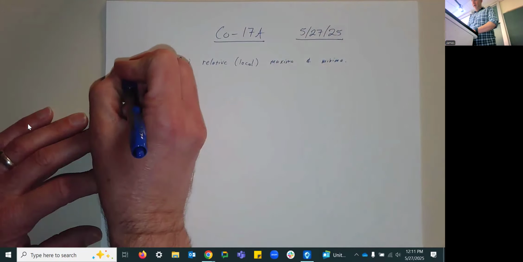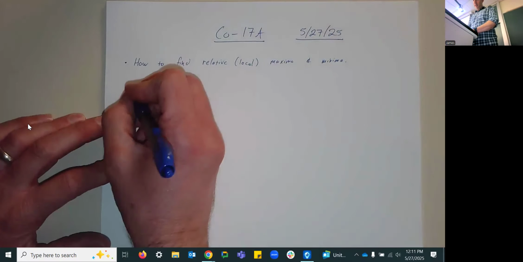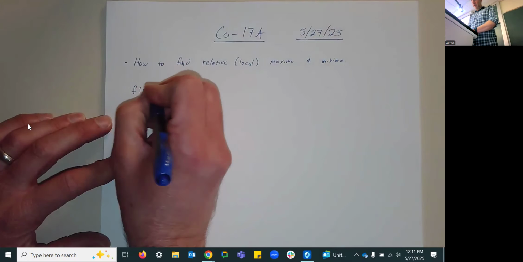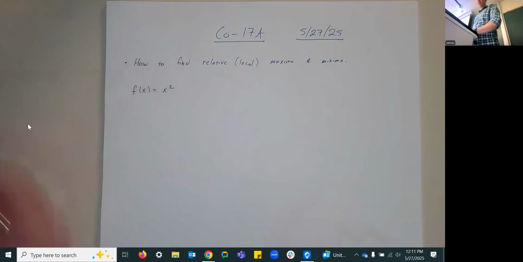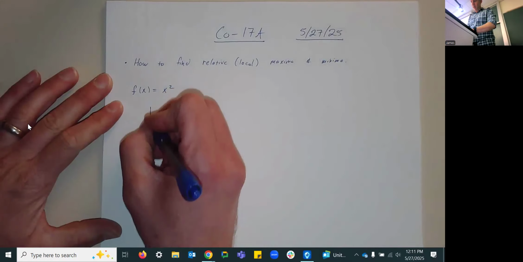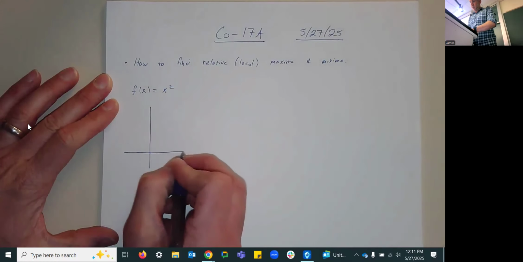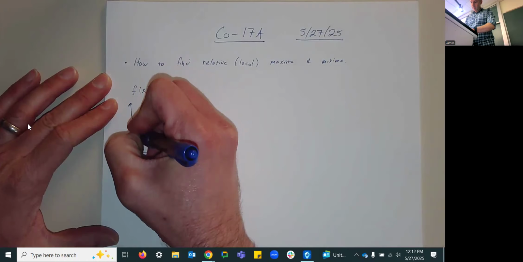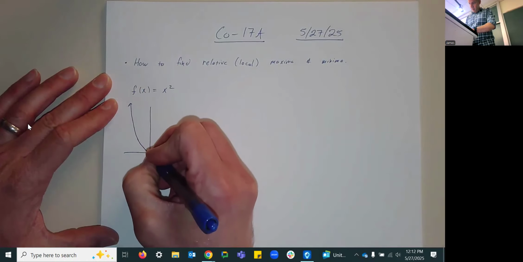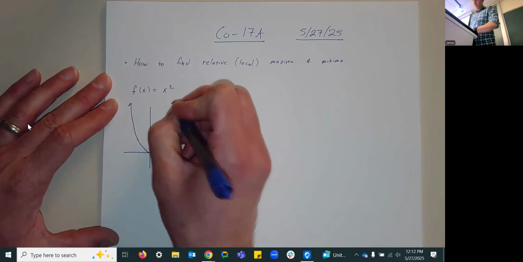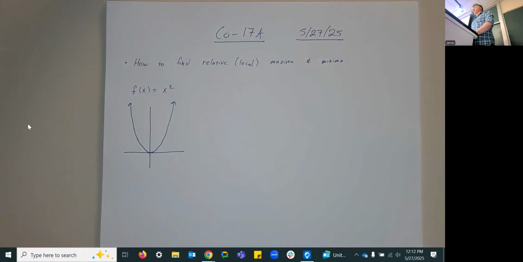Let's start off with a very straightforward example. Let's say our function is f of x equal to x squared, which is our kind of prototypical looking parabola, has a vertex at the origin, just like this. And we'll find a few things about this and kind of talk about it.